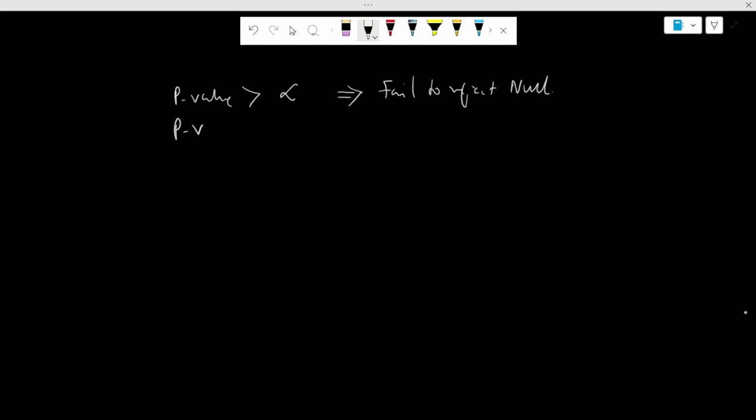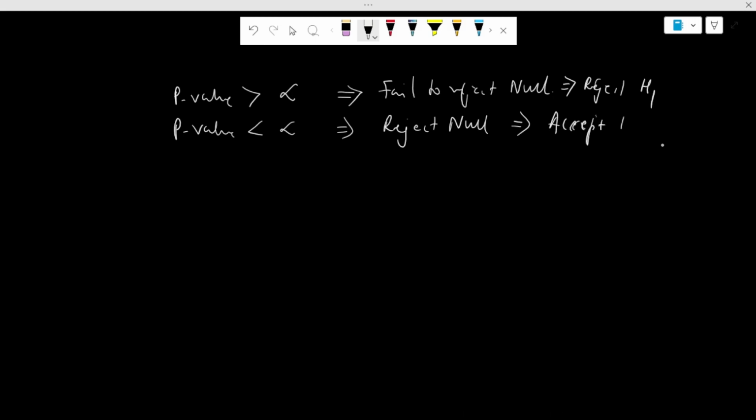And if the p-value is less than alpha, then we reject the null. Fail to reject the null means we reject our alternative hypothesis, and reject the null means we accept our alternative hypothesis. Now once we know how to obtain the calculated score, whether it is a Z score or T score or chi-score or F score, we can perform our hypothesis testing.